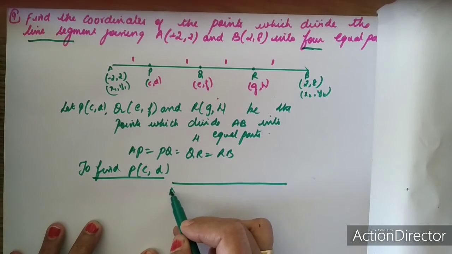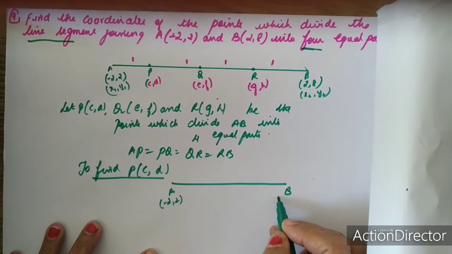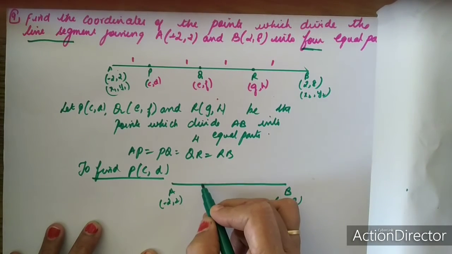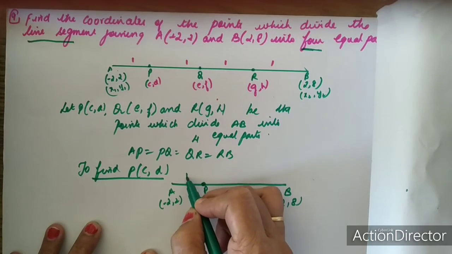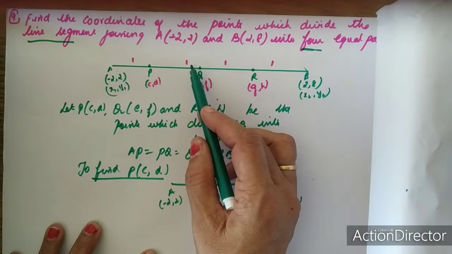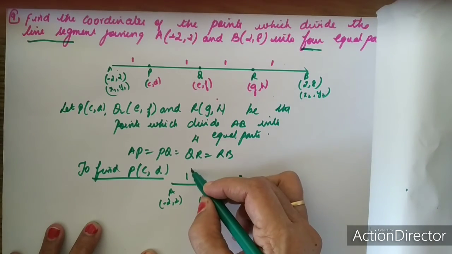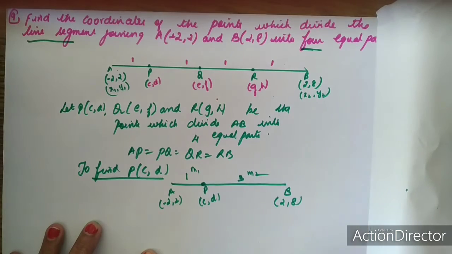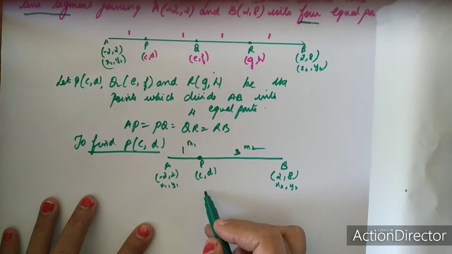So this is AB. A is (-2, 2), and B is (2, 8), and this point P is given as (C, D), and the ratio will be 1, and PB will be 1 plus 1 plus 1. So it will be 3. So this is your M1 and this is your M2. And this is X1, Y1, X2, Y2. So let us find now.